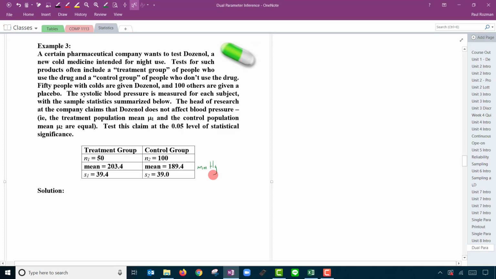The units here, and the standard deviations are given too. So we don't have the raw data, we just have the summary stats. But we can go ahead and do the test.